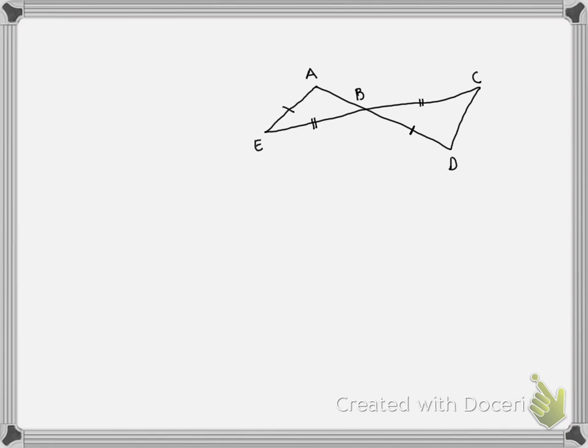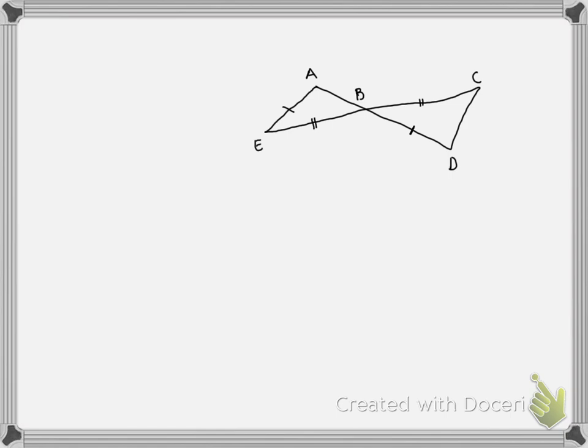Because in quick check 3, it says, from the information given, can you prove that triangle AEB, which is the one on the left right here, is congruent to triangle DBC?